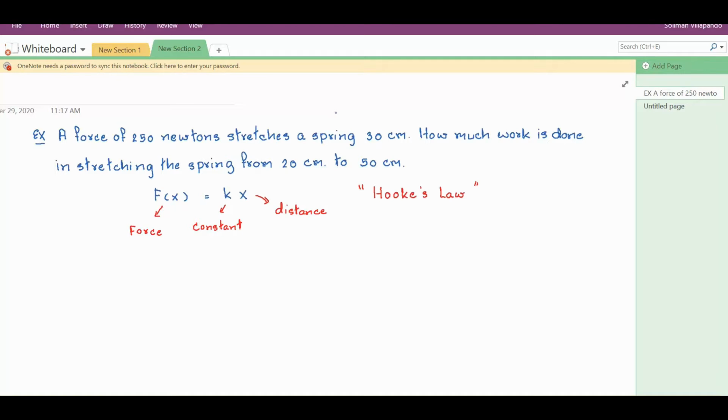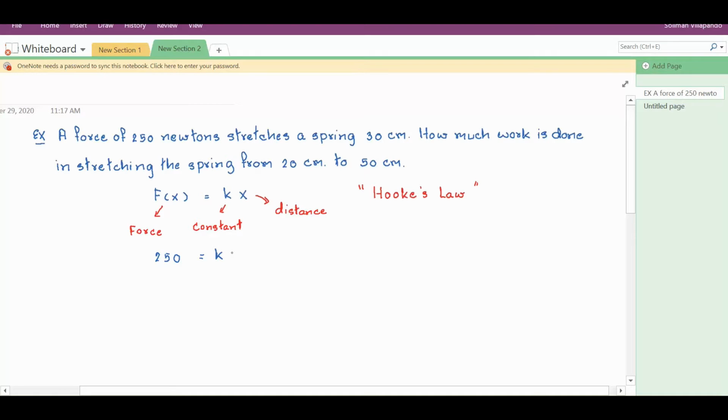From the given condition, we have that to move the spring 30 centimeters, the force must be 250 newtons. So I'm going to substitute 250 for the force. We don't know the constant here, so I'm going to leave it as k.